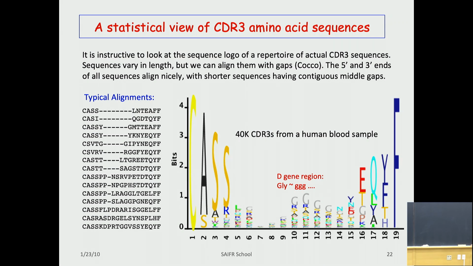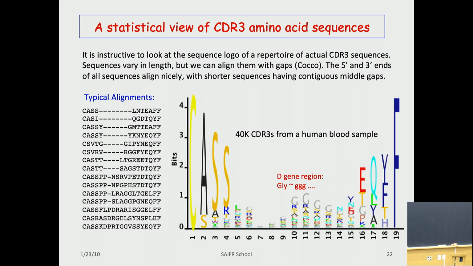But you can actually rather nicely align the sequences of different length because they have beginning and ending regions which are quite characteristic, and alignment with gaps allows you to line up the sequences of different length. And you can see that there's a very characteristic sequence logo of amino acid use.